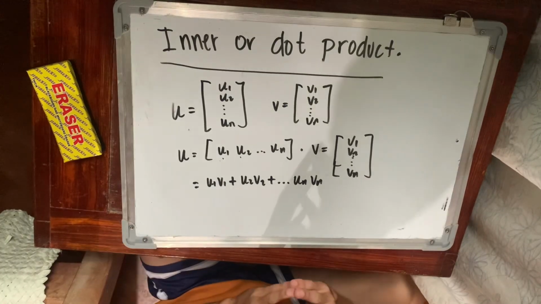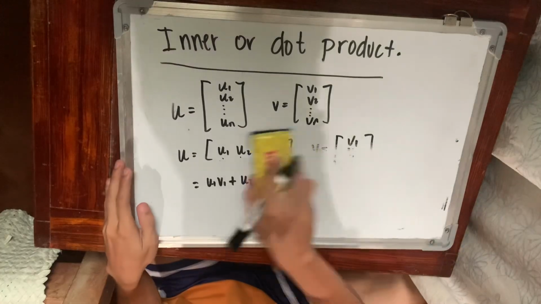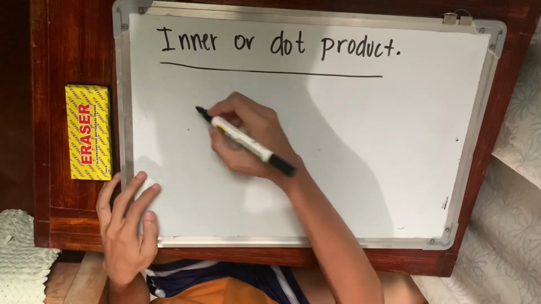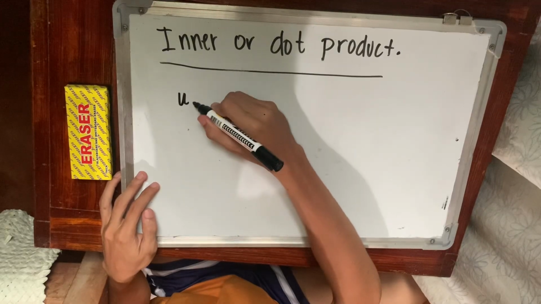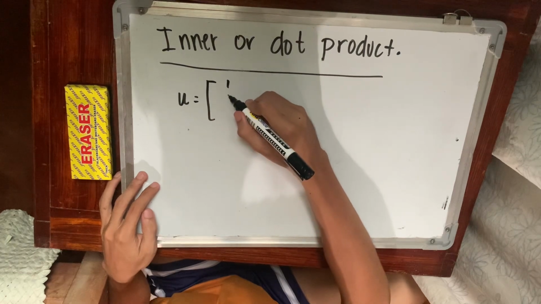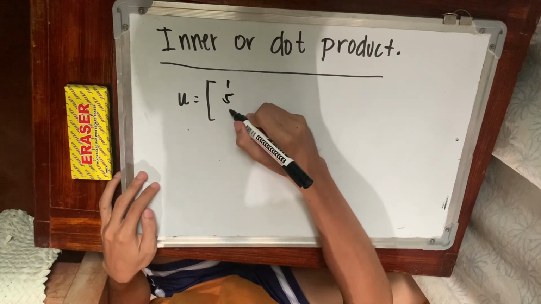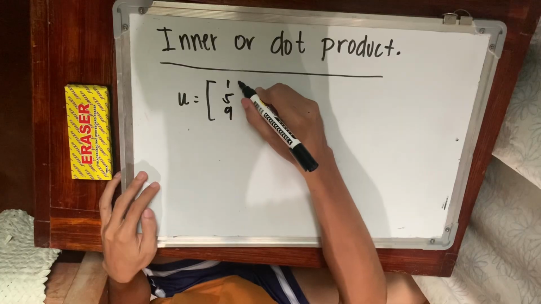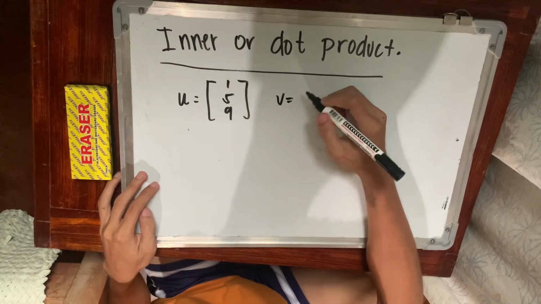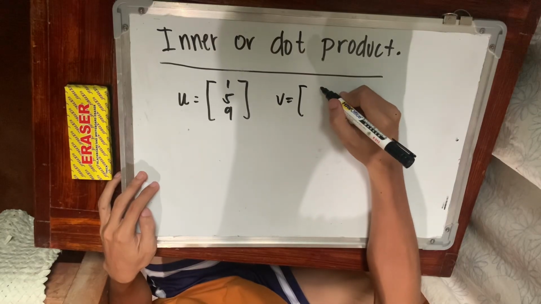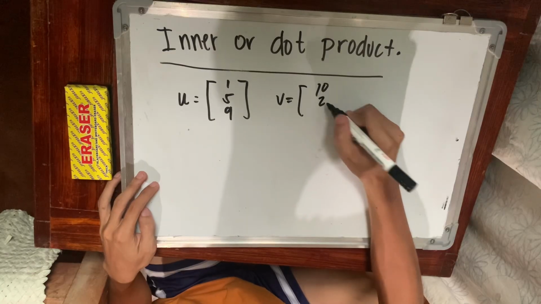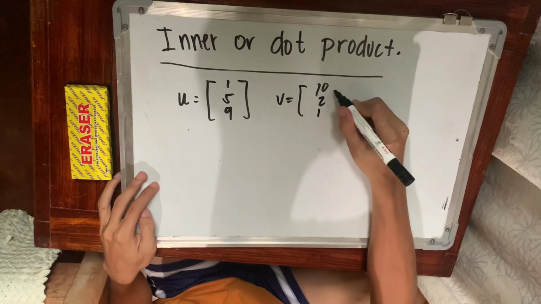So let's have an example. Suppose that we have the vector 1, 5, and 9, and we have vector v, which is 10, 2, and 1.